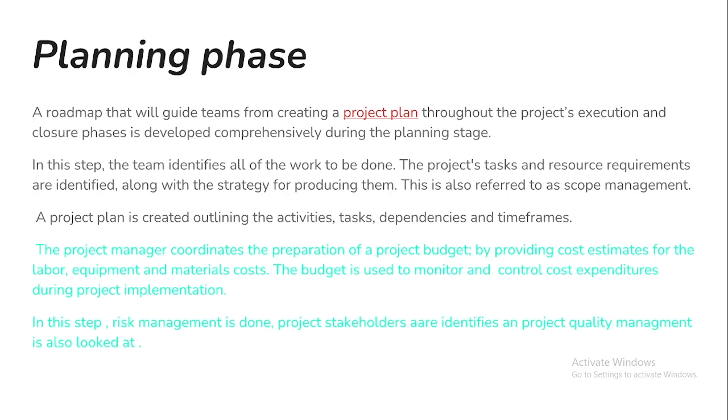Also, the project plan in this planning phase is created outlining the activities, the tasks, dependencies and timeframes. And also a project budget is come up with by the project manager.